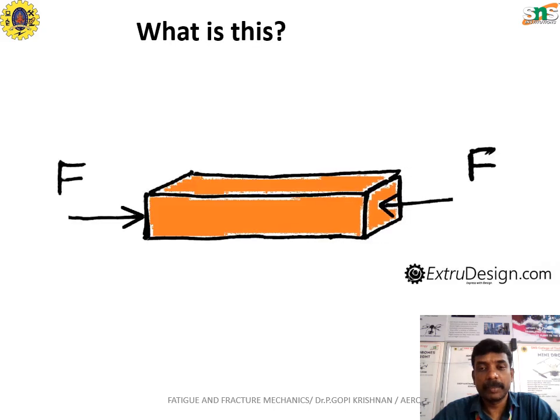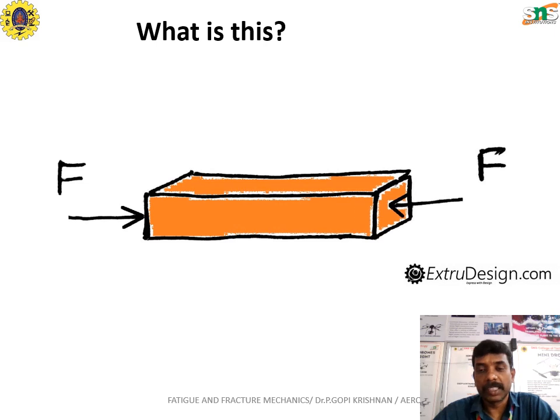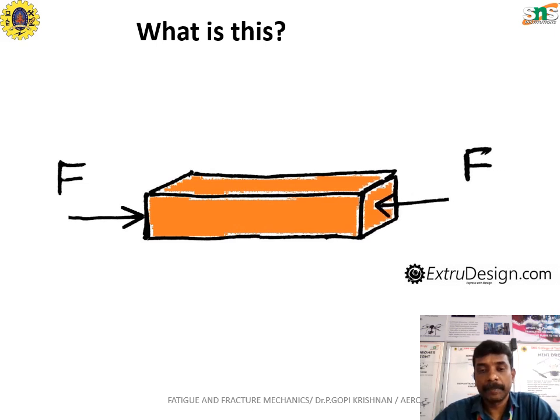Let me start with the basics of fatigue loading over the given component. Let us start with this introduction on the application of forces over the given material. In this picture, two different forces are acting over the given system, and this component can be taken as a system. The forces are acting in the perpendicular direction, and the forces are collinear.